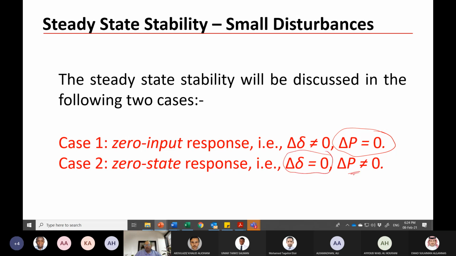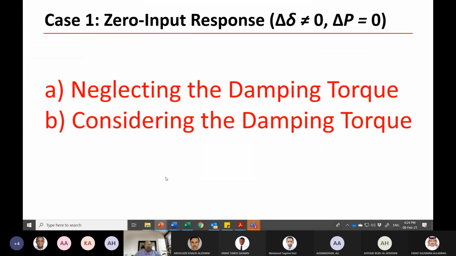We have a change here in mechanical power, but no change in the angle. So we will discuss both cases, under neglecting the damping torque and considering the damping torque. Zero input response, we will discuss it first under these two conditions.